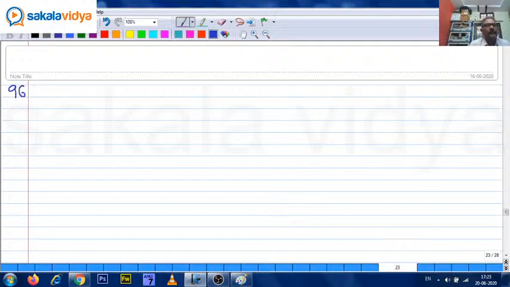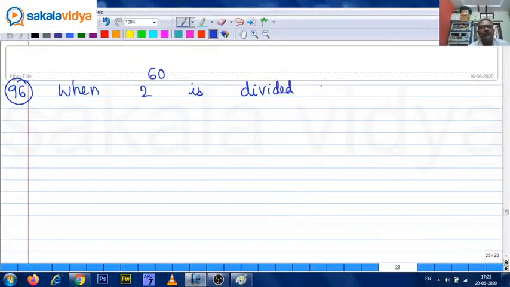Okay. 96th problem. When 2 to the power of 60 is divided by 49, the remainder left is.